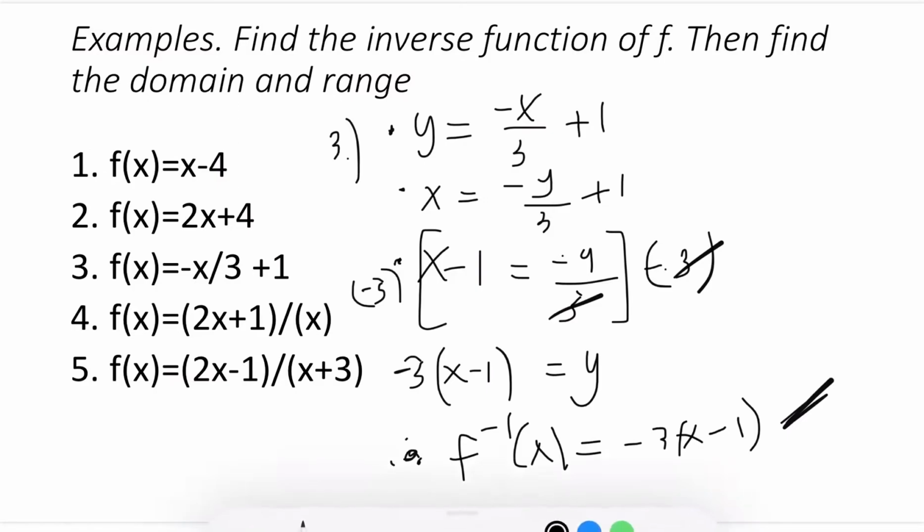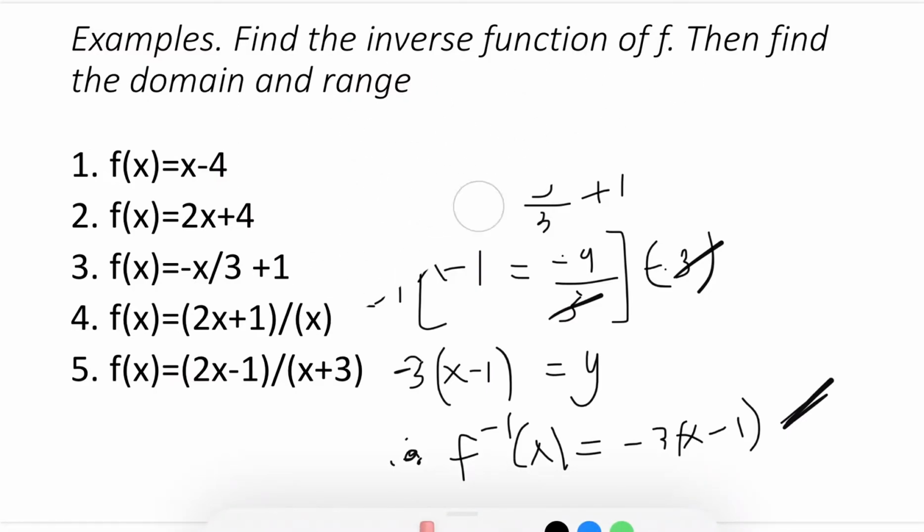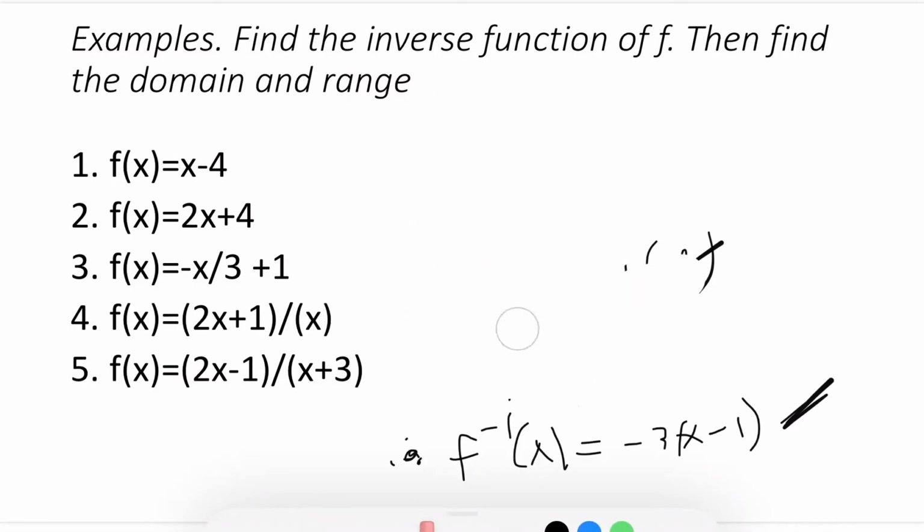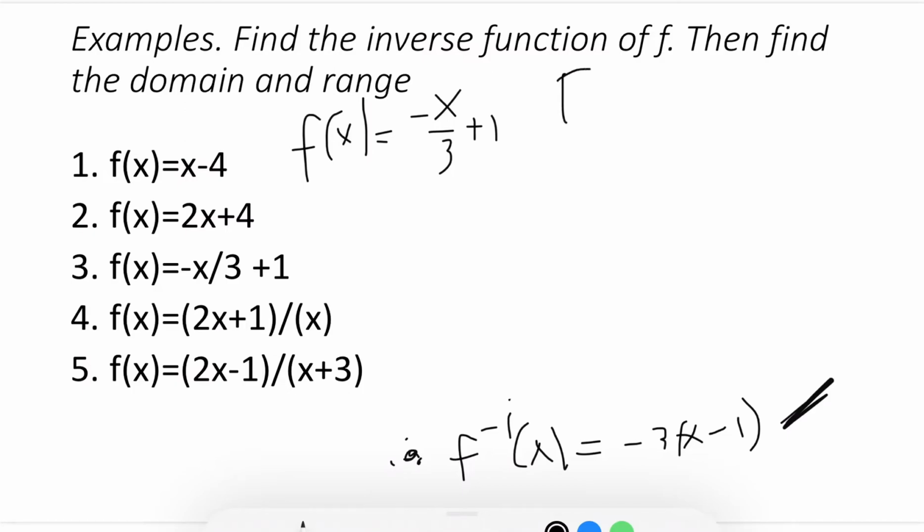Next, number 3. This is f of x equals negative x over 3 plus 1. Again, there's no variable at the denominator, so we can consider this as a polynomial. So the domain of f is the set of real numbers.